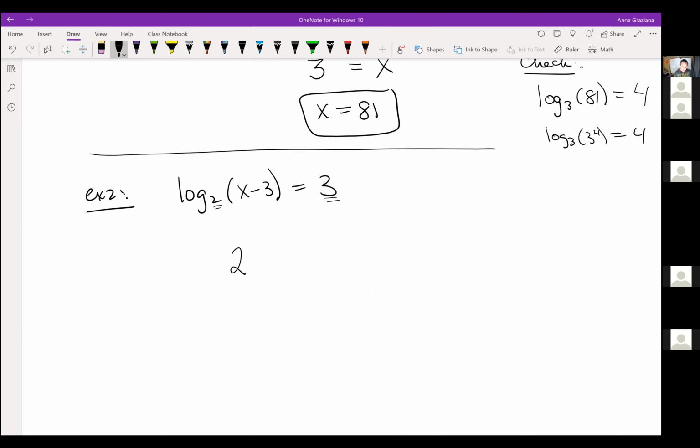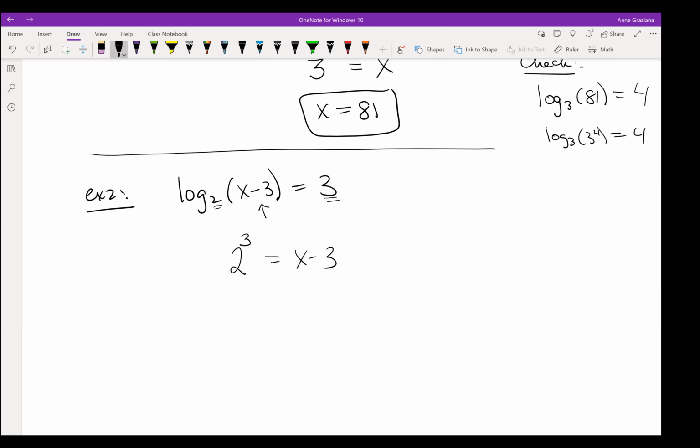Here's my exponent, 3, is equal to what's inside, x minus 3. Any questions on how to rewrite that? If you're like, yeah, I saw it before you even wrote it, give me a thumbs up so I can see that you guys are not just watching YouTube. Okay. That's a lot of thumbs up. Thank you.